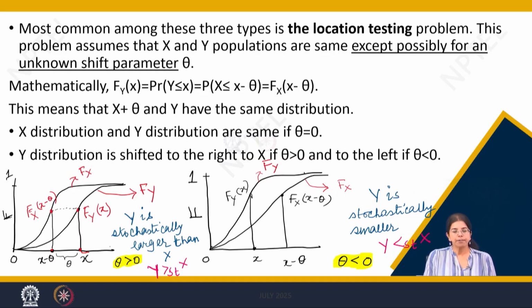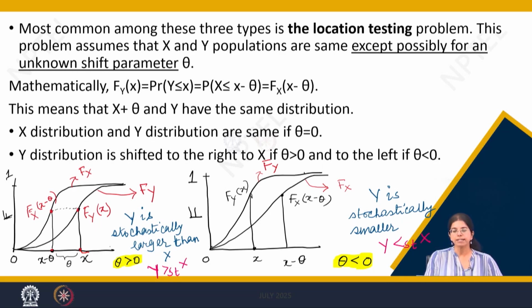The X distribution and Y distribution are the same when the two distribution functions are superimposed on each other. When do they superimpose? When theta is equal to 0, when there is no such location gap.